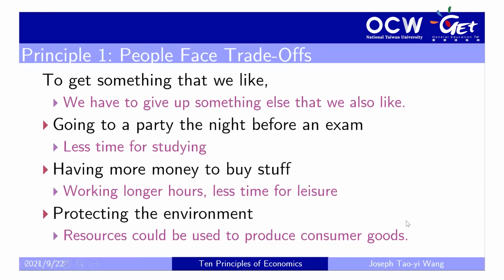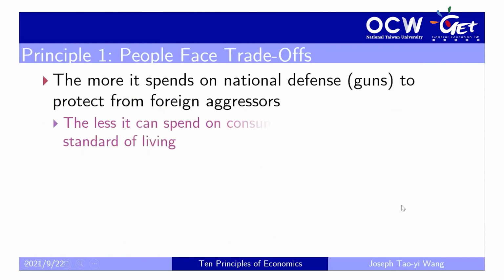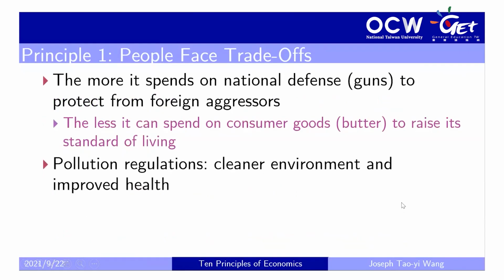And because of that, TSMC and some other industries and factories will not have enough electricity. So there's a trade-off. Of course, if you spend more money on national defense, that means you're more protected from foreign aggressors. But that means you have less to spend on consumer goods and to raise your standard of living. So there are various trade-offs.